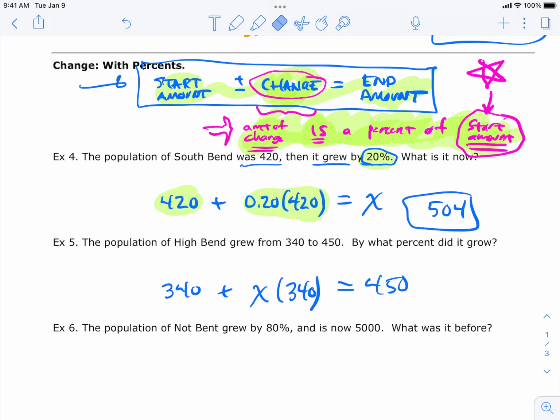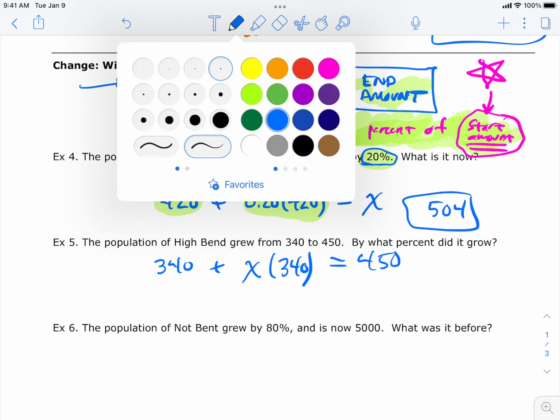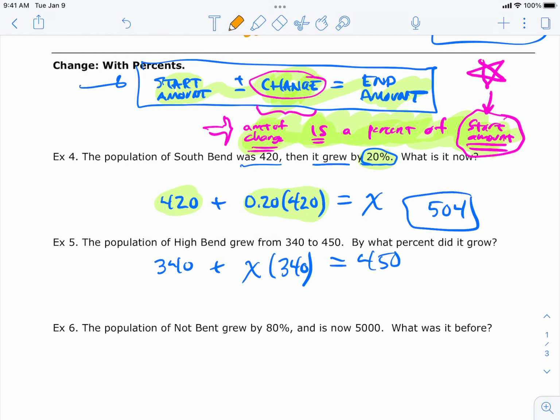So how do you solve this one? Well, the first thing you have to do is make room. So I'm going to lift that up. The next thing is you want to get x by itself. So there's my x term. I'm going to subtract the 340 on both sides. So I've got 340x for this term, and 450 take away 340 is 110.